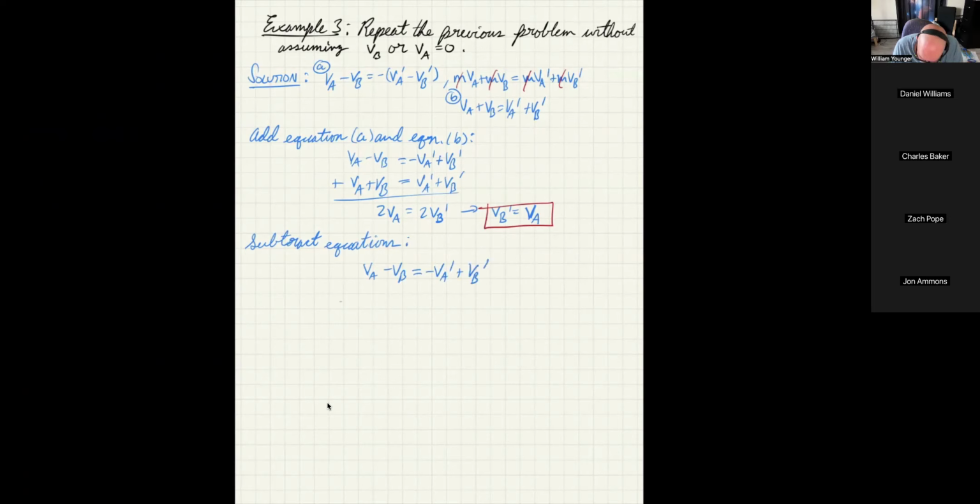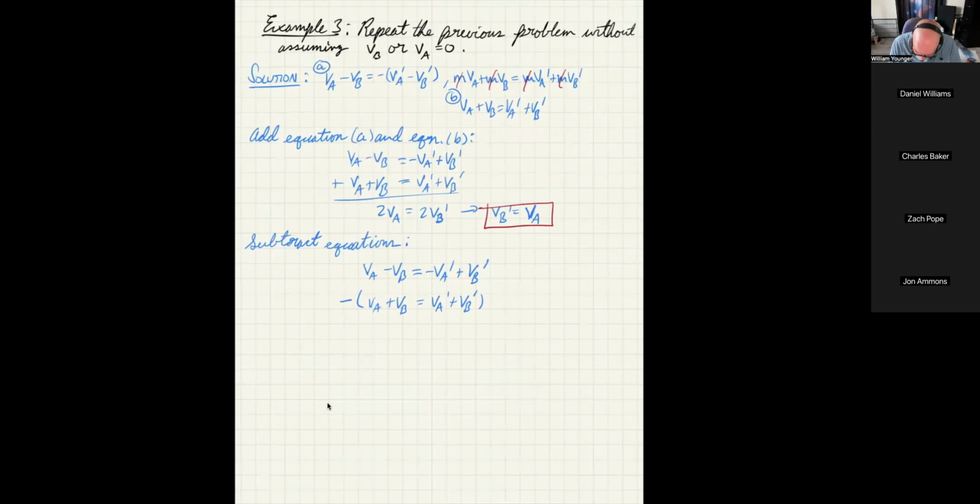And this time I'm going to say minus VA plus VB. Actually, I'll leave that parenthesis around the whole thing and say VA prime plus VB prime.